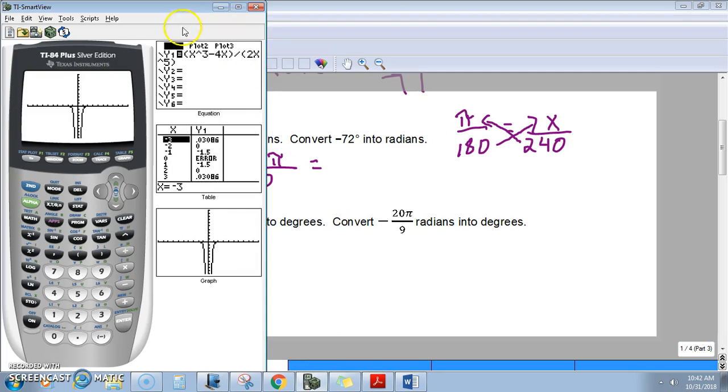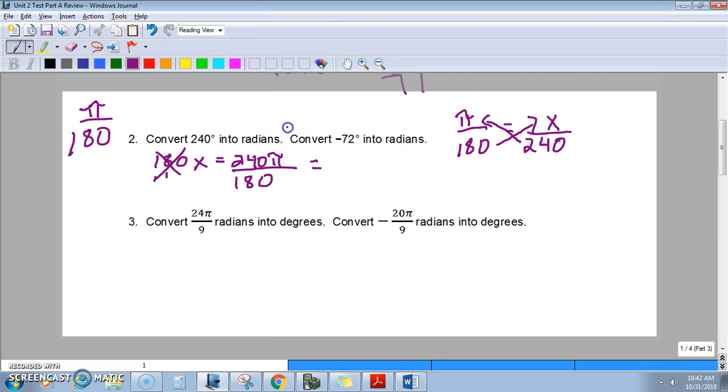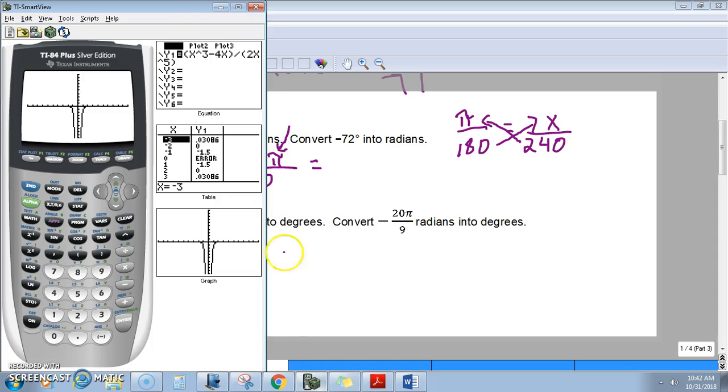What that looks like is, ignore the pi for now, and we will put that back in there. Let's just take the 240 divided by 180. Those of you that are really quick have already probably done this in your head, but I do want to do this calculator trick here for you.